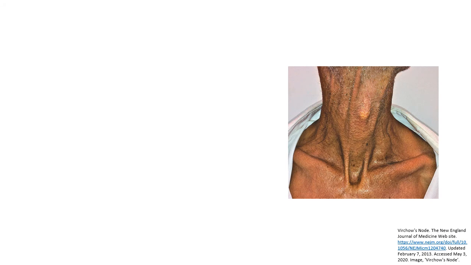Well, the best way to try and find a pathology in a patient is comparing both sides. So obviously on this side there's nothing wrong because there is in fact a dipping in of the skin. However, on this side there is a very, very clear swelling process going on here. And what we call this swollen lymph node is called a Virchow's node.